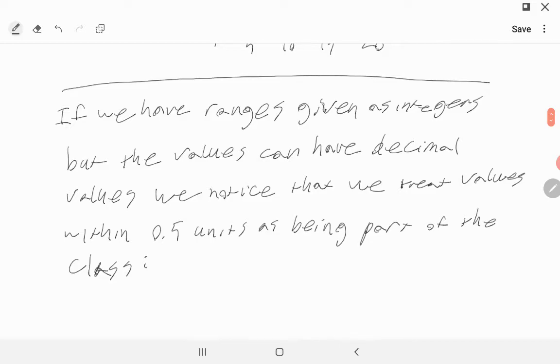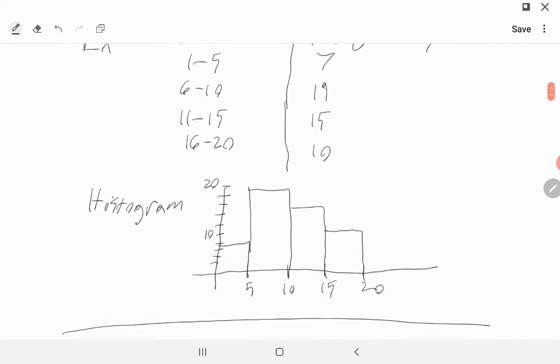So what does that mean? So for the chart we had just done, we had 1 to 5, 6 to 10.